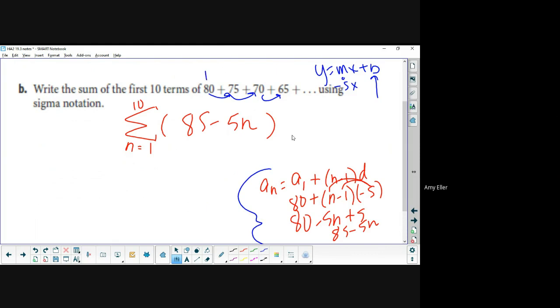This is our first term, second term, third, fourth. Y-intercept is the 0 term, not the first term. But if these are going down by 5, we know to go backwards, we're going to go up by 5, which gives me the same thing. I don't care how you find this, but this is sort of a systematic way to do it. You can't do it mentally.